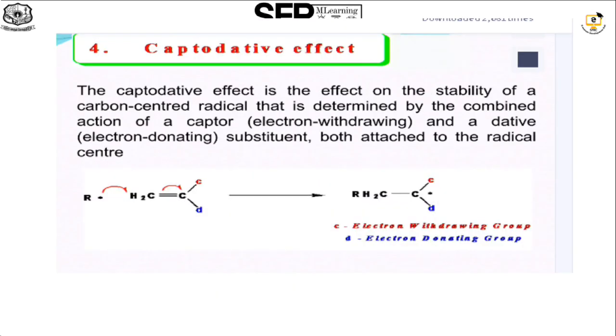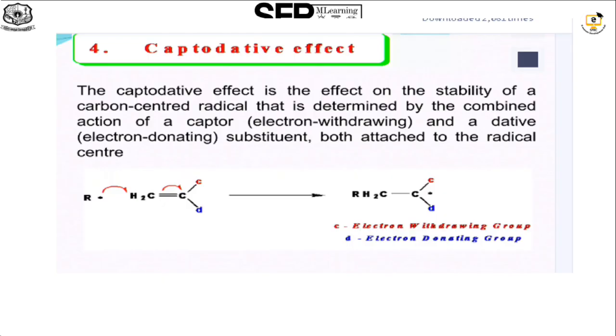Another one is the captodative effect. The captodative effect is the effect on the stability of a carbon-centered radical determined by the combined action of an electron withdrawing and an electron donating substituent attached to the carbon atom. Both are attached to the free radical system.